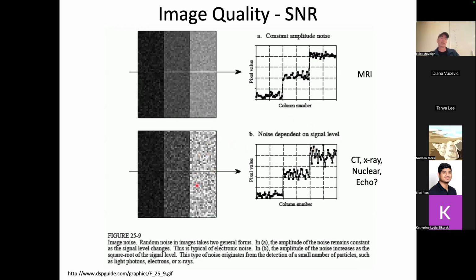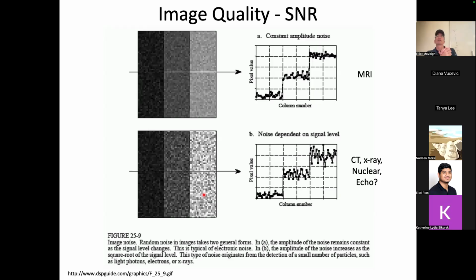what does it mean to have a bright signal in CT? It means more X-rays were absorbed, right? And so when more X-rays are absorbed, this uncertainty of whether or not there's an X-ray in a detector goes up, right? Because the number of X-rays you're dealing with has gone down. So ironically, the bright things in CT have higher noise on them than air, for example.